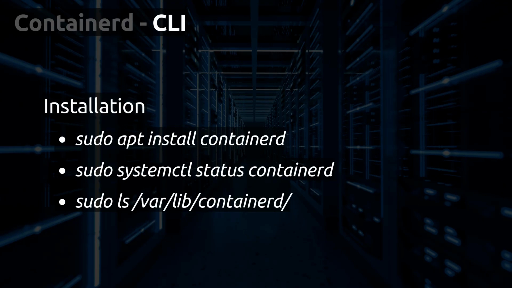In the past, you needed to install the Docker apt repository on your server, and after that run a sudo apt update and then a sudo apt install. But basically it's the same thing. You can check, of course, if Containerd is up and running with systemctl status, and you can check the data directory.